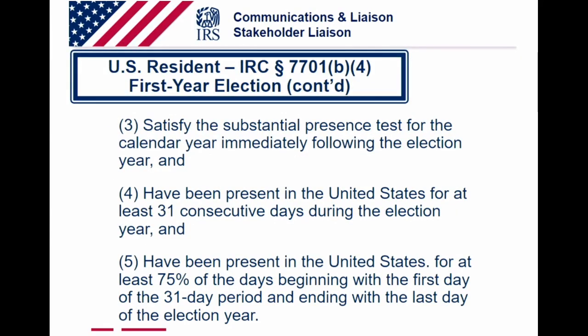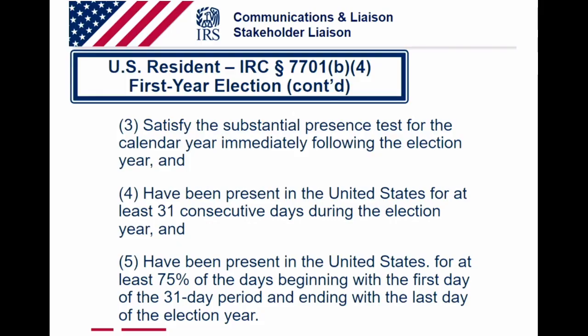And they also must satisfy the substantial presence test for the calendar year immediately following the election year and have been present in the United States for at least 31 consecutive days during the election year and have been present in the United States for at least 75% of the days beginning with the first day of the 31-day period and ending with the last day of the election year.